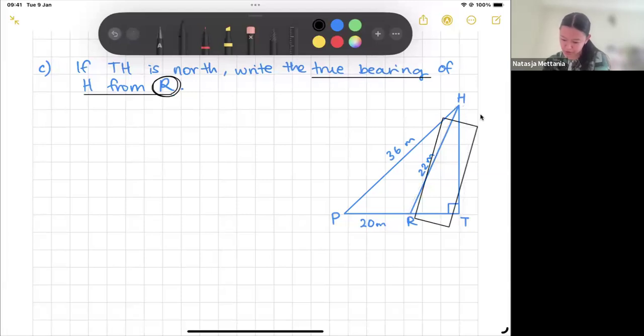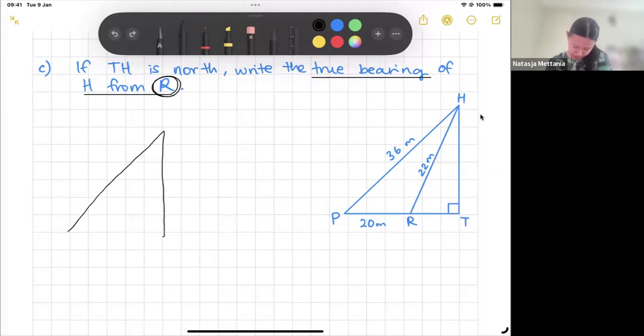So what I'm going to do, not that rectangle, I'm going to draw it again. So H, T, R. It's talking about the true bearing. It says that TH is north.